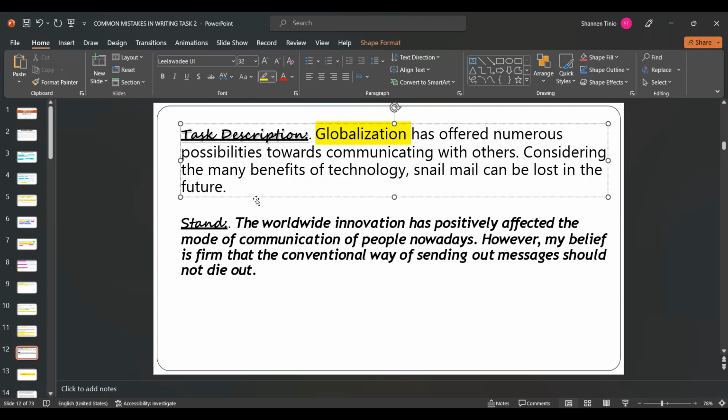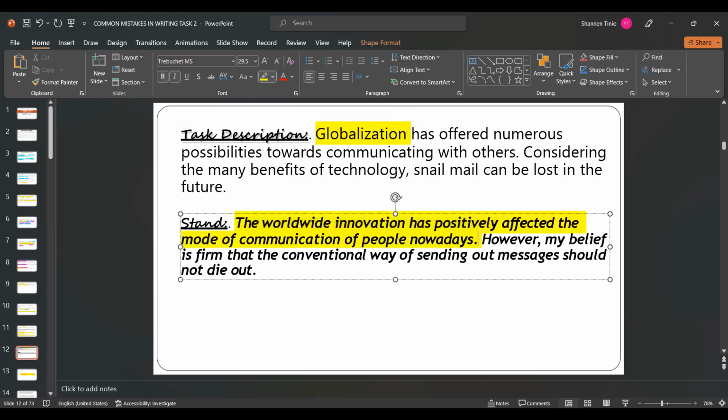Stan, agree or disagree ka ba? The worldwide innovation has positively affected the mode of communication of people nowadays. However, my belief is firm that the conventional way of sending out messages should not die out. Okay, ni-reinstate mo, pinaraphrase niya actually dito. It's being paraphrased.